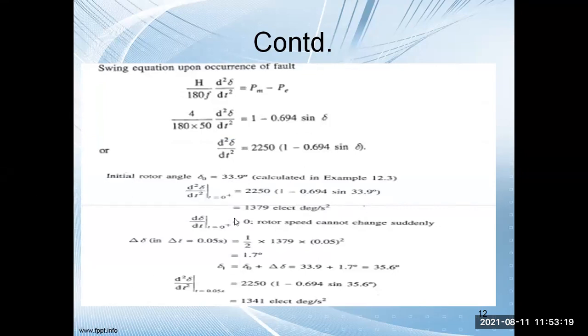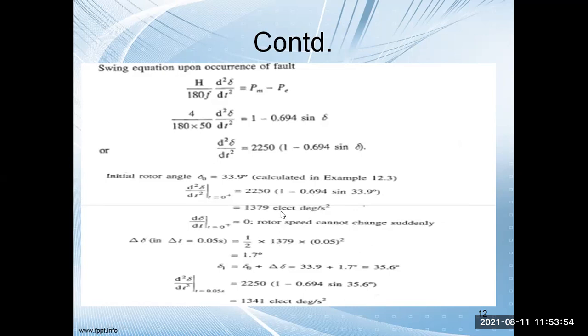Now delta delta at t equal to 0.05 second will be half into alpha into t square, because it is similar to s equal to ut plus half ft square. Similarly, angle delta equals omega t plus half into alpha into t square. Here the initial speed omega is 0, so it is half into alpha into t square.